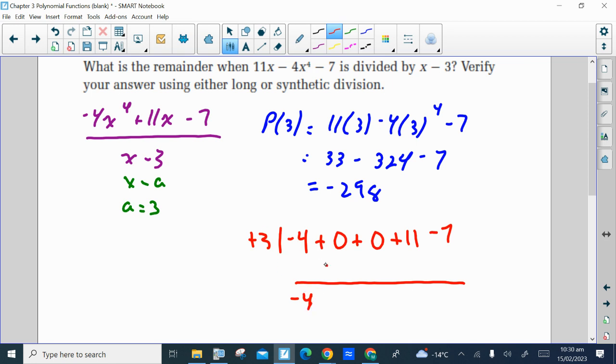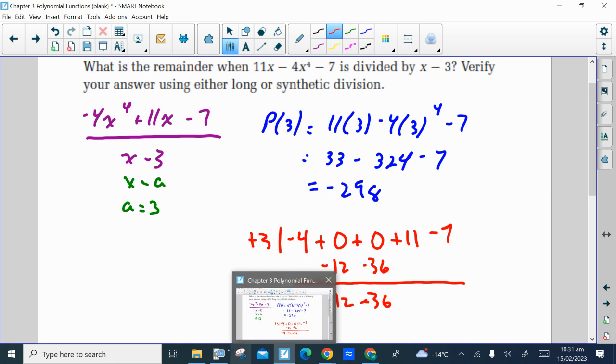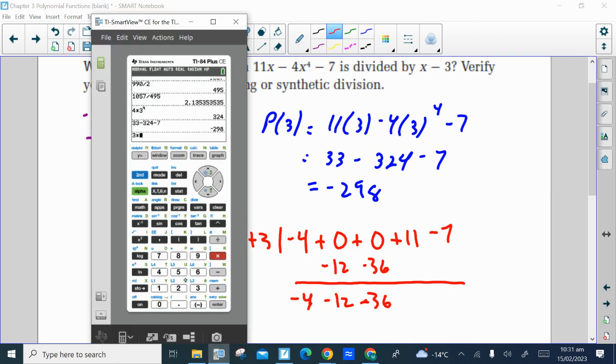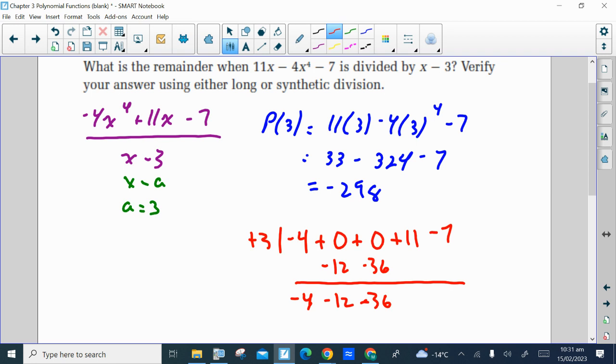Three times negative 4 is negative 12, and we add. 3 times negative 12 is negative 36, and we add. 3 times negative 36 is negative 108, I think. So I'll have negative 108 there. And when you add those together, you'll get negative 97.